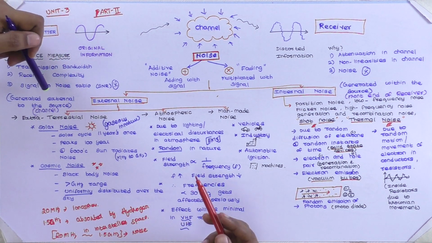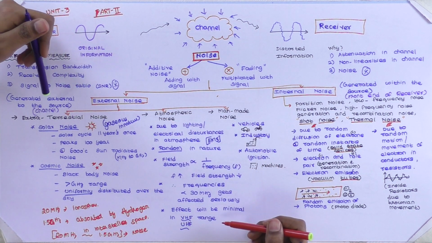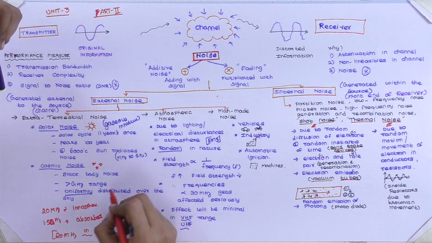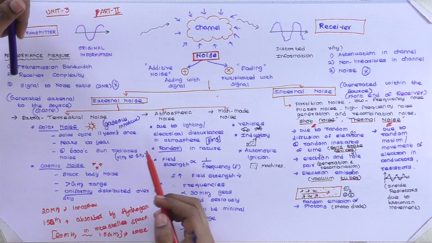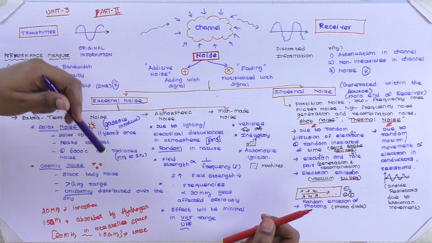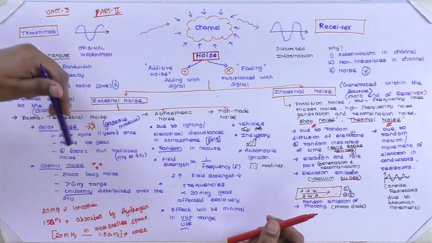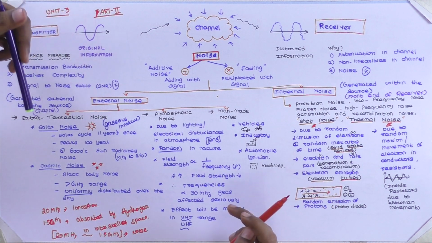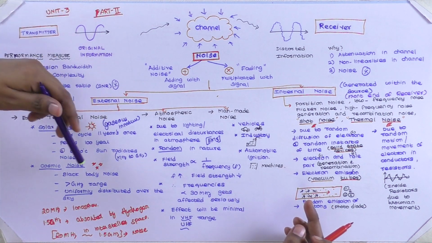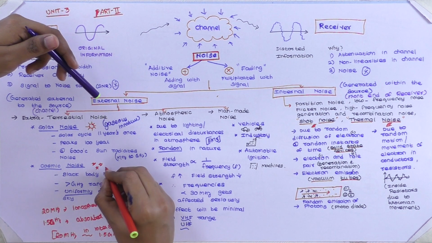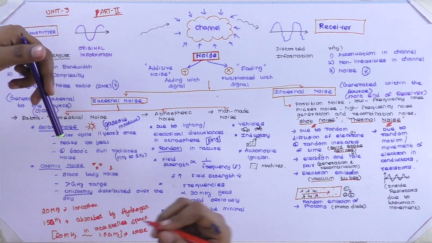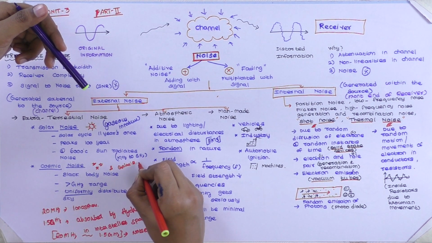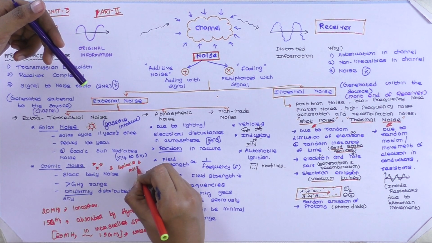This atmospheric noise is random in nature, and this is also random in nature. Cosmic noise is uniformly distributed over the sky. Even though the stars are at very large distances from our earth, the huge number of stars in the system, along with other galaxies, suns in the other galaxies, and also our Milky Way, everything contributes.